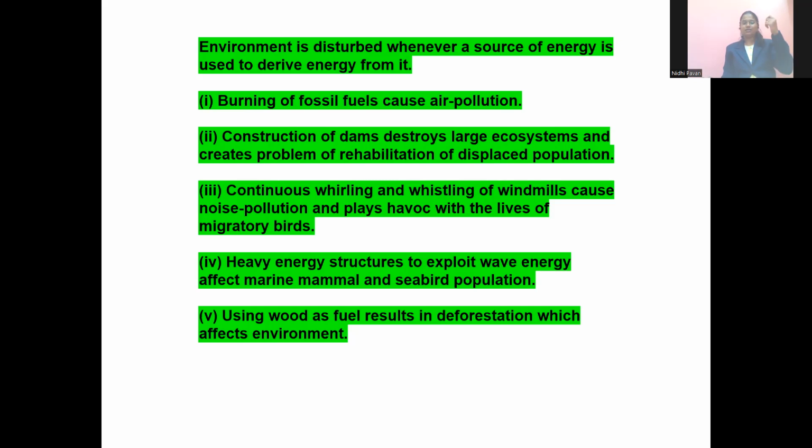Continuous rotation of the windmills causes a lot of noise pollution which disturbs the people around that area as well as the migratory birds. Heavy energy structures like turbines inside the oceans disturb aquatic life. These are all the environmental problems which occur due to the use of sources of energy for our benefit, guys.